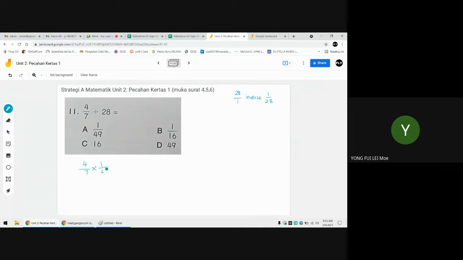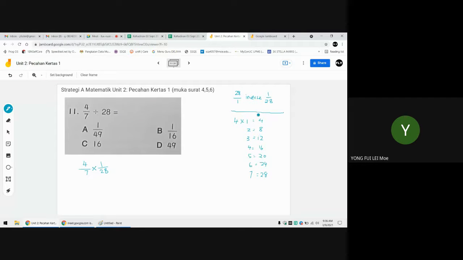So this one is the multiplication table of 4. 4 times 1, 4. 2, 8. 3, 12. 4, 16. 5, 20. 6, 24. 7, 28.